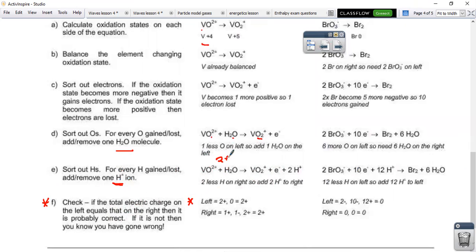On the other side, this is a +1, and this is a -1, and this here is 2 protons. A hydrogen ion is a proton, so this is a total of +2. These cancel off because it's +1 -1. So I've got 2+ on this side, and also 2+ on the right-hand side. So far, so good?